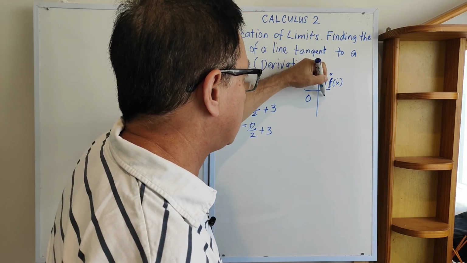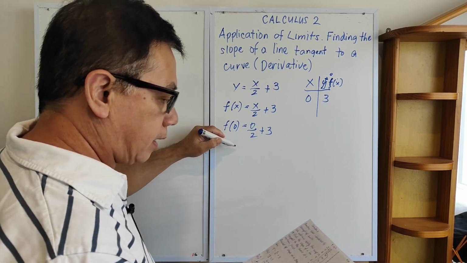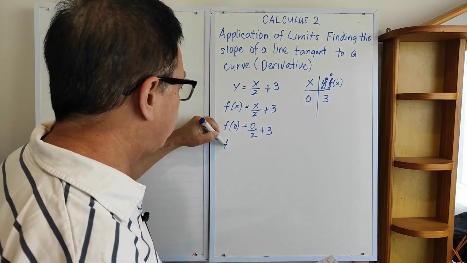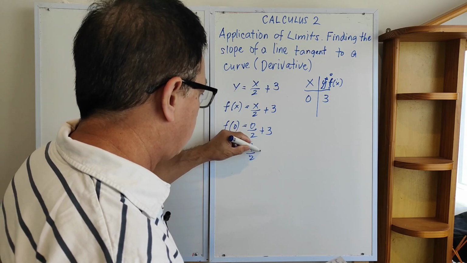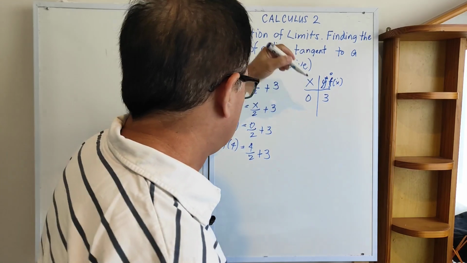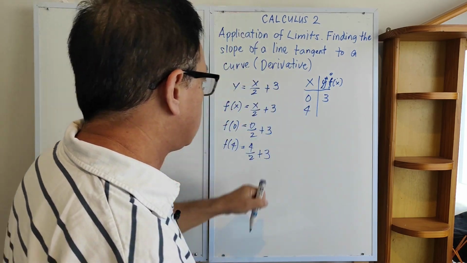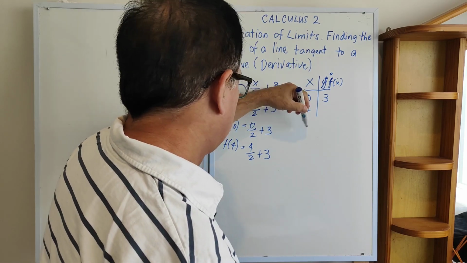Your function of x is 3. If x is, let's say, 4, the function of x is 4 over 2 plus 3. 4 divided by 2 is 2, plus 3. So if your x is 4, your function of x will be 5.